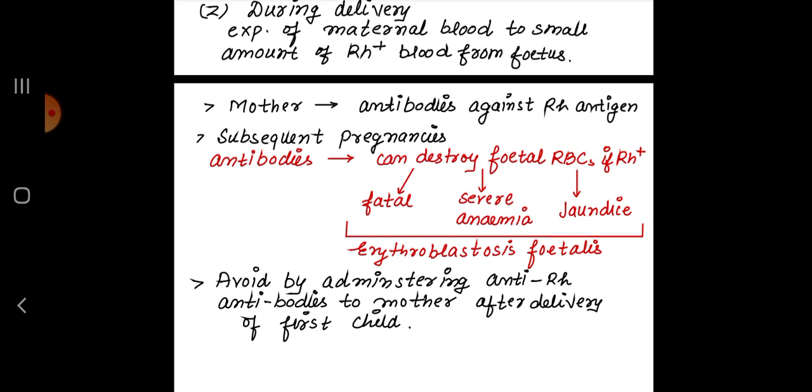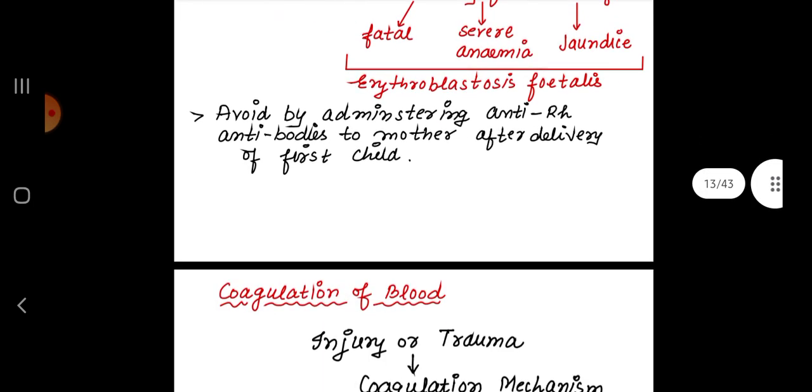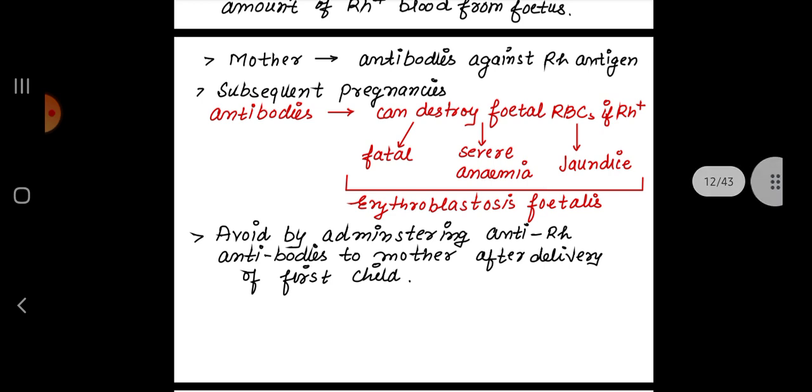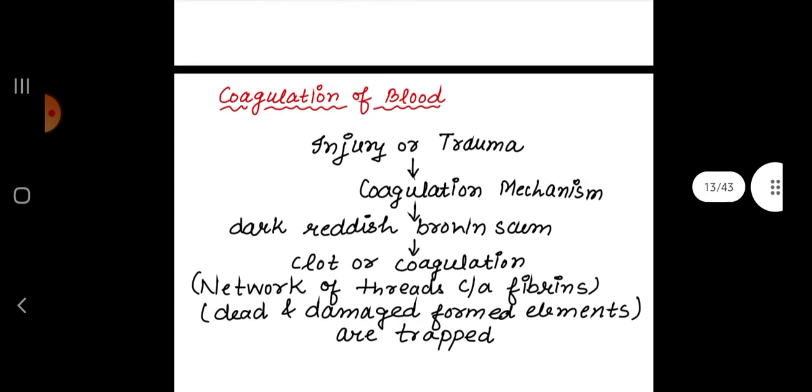The first pregnancy will be safe, but in a subsequent pregnancy, the antibodies can destroy fetal RBCs if the fetus is Rh positive. This condition is known as erythroblastosis fetalis.